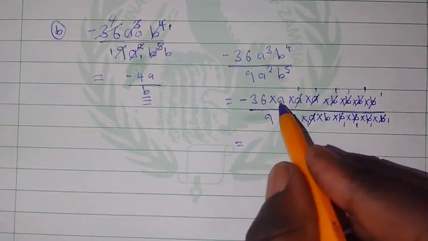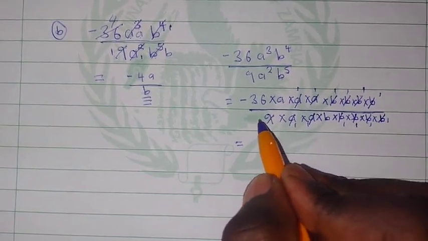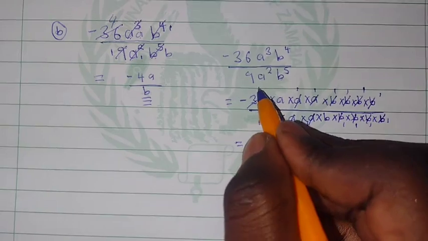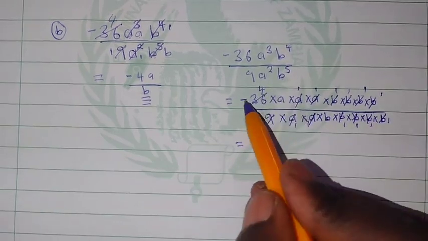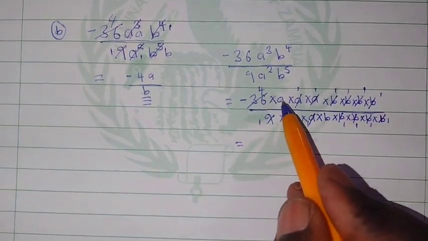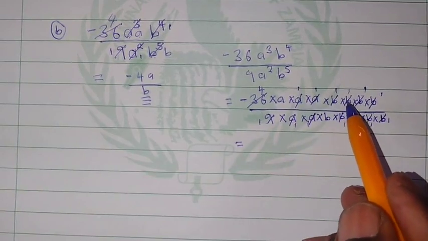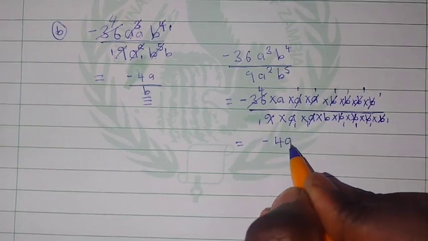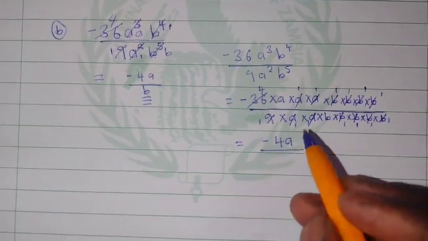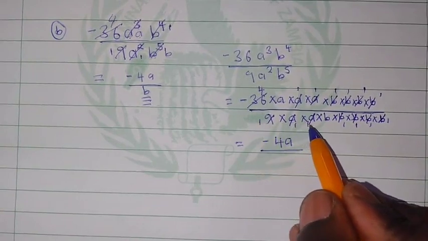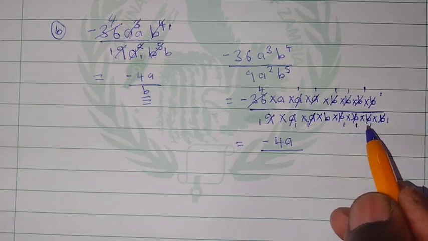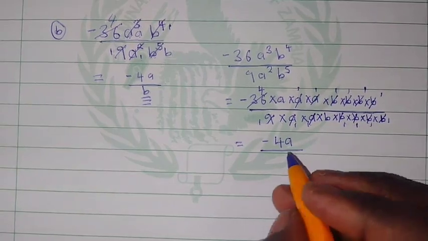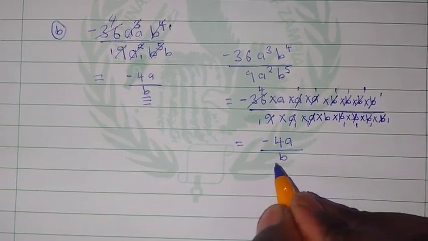We are remaining with a single a on top. 9 here 1, 9 into 36 goes there 4 times. So we are remaining with negative 4 times a times 1 times 1 times 1 times 1 times 1. So this will give us negative 4a. Then over, this is 1 times 1 times 1 times b times 1 times 1 times 1 times 1. You remain with b. So this is our answer.